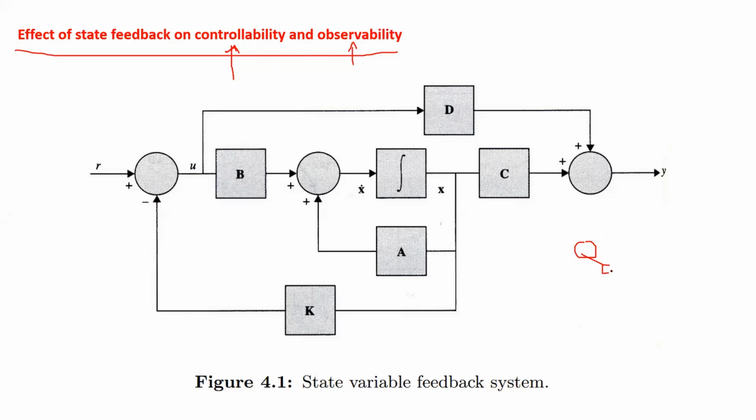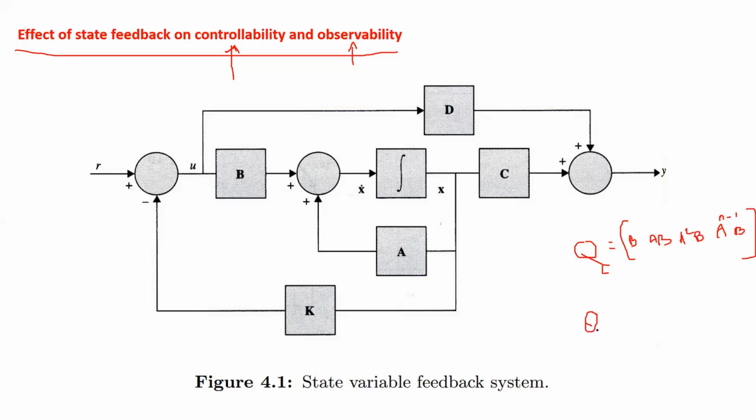The first column is B, the next column is A into B, the next column is A square into B, and the last column is A power n minus 1 into B. This is the matrix format for the controllability.